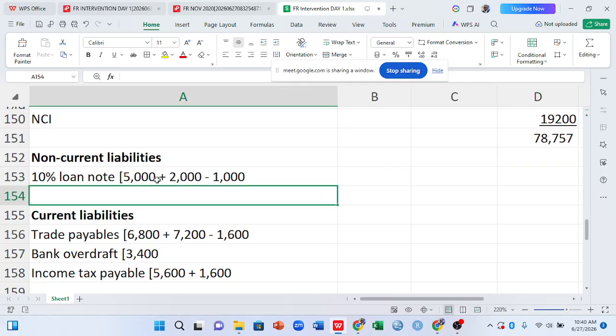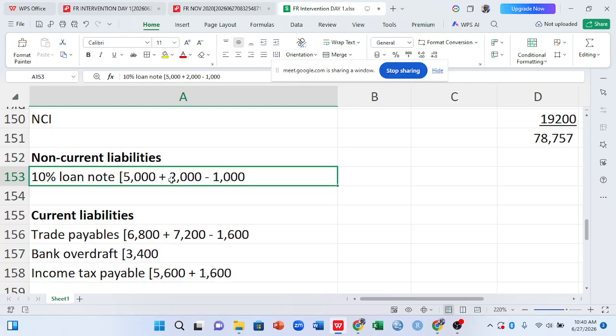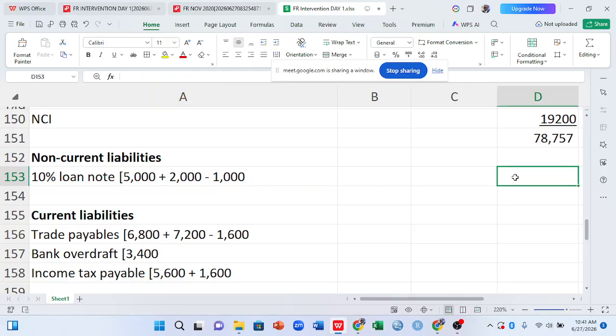Then we calculate for the loan value: 5,000 plus 2,000 minus 1,000. What do we get? 6,000.